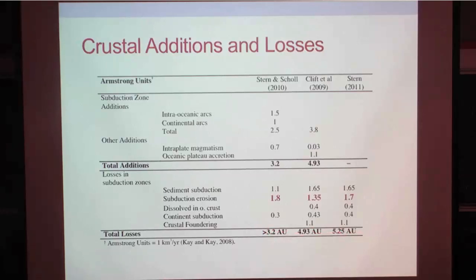Look at those. The losses vary by a factor of 2, but Stern and Scholl didn't include crustal foundering in their numbers, so if they took those numbers, that would be up to 4.3. Those aren't my numbers.